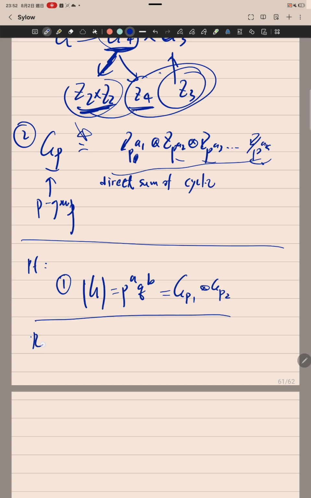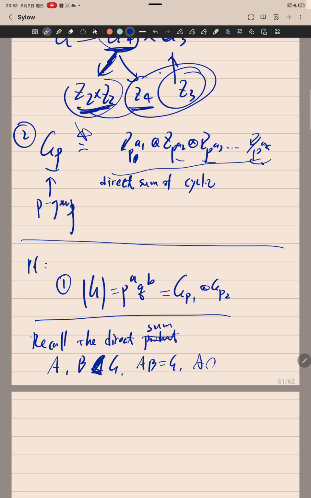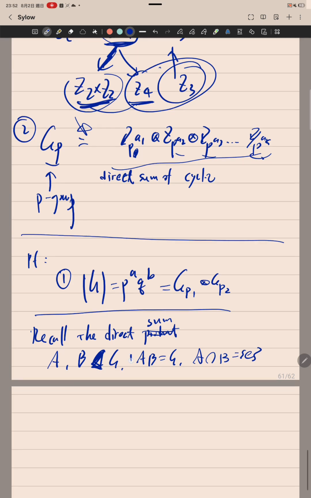Recall the direct product lemma. I think it's called direct sum; some people say direct product in the finite abelian group case. The idea is that if you have a group G where A and B are both normal subgroups of G, and AB equals G, and the intersection of A and B is the identity, so this is the first condition.